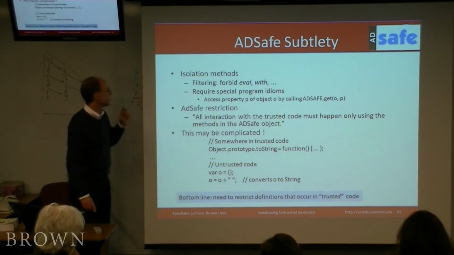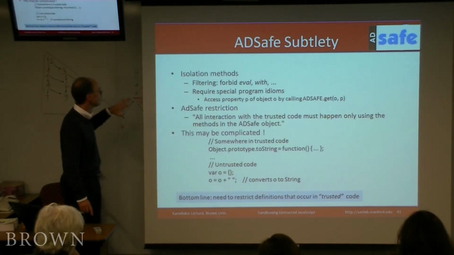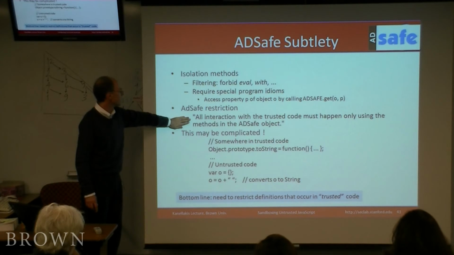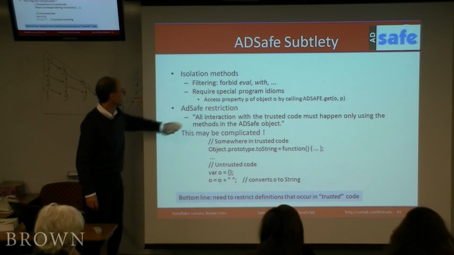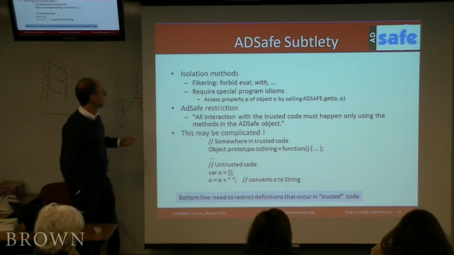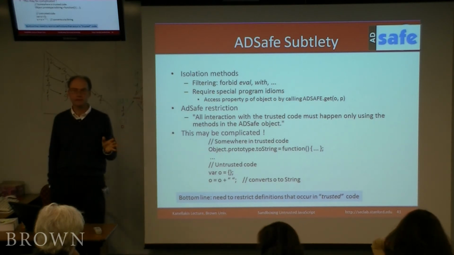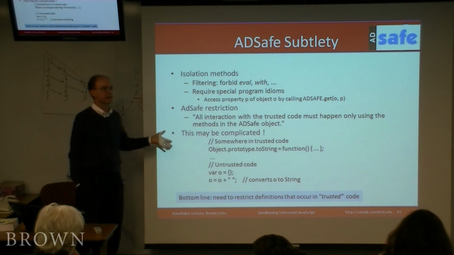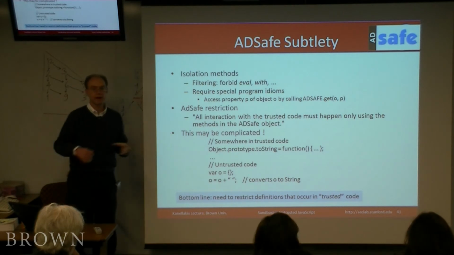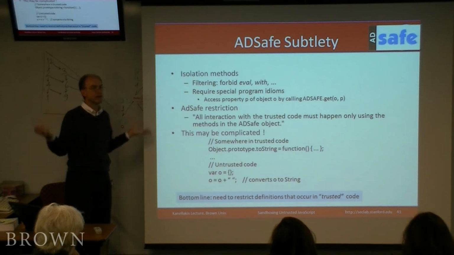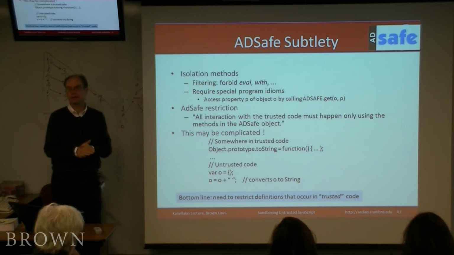So the basic problem here, and this is one of the things we pointed out to the AdSafe people, and they added a qualifier, our system is good as long as this doesn't happen, is that there are standard libraries. We looked at prototype.js as one example, that make it possible to access the eval function through new names that are not part of standard JavaScript.